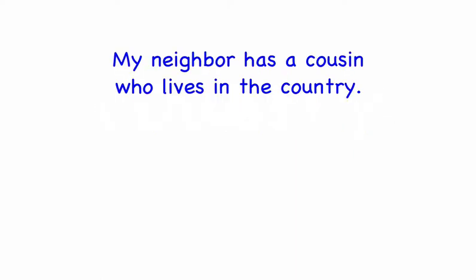First syllable, c, 2 sounds: k, u. Zin, 3 sounds: z, i, n. Cousin who lives in the country. Country, 2 syllables. First syllable, kun, 3 sounds: k, u, n. Tree, 3 sounds: t, r, e. Country. My neighbor has a cousin who lives in the country.